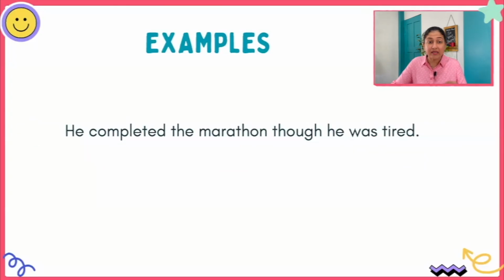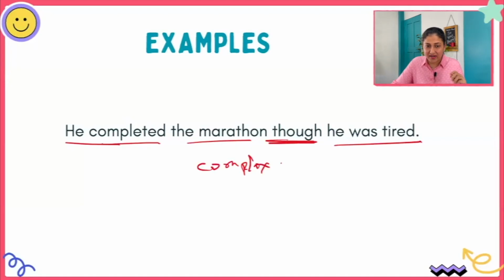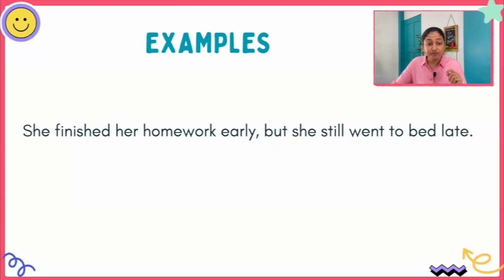All right, let's go to the next sentence. He completed the marathon, though he was tired. A complex sentence, right? All right, let's just look at one last sentence. She finished her homework early, but she still went to bed late.